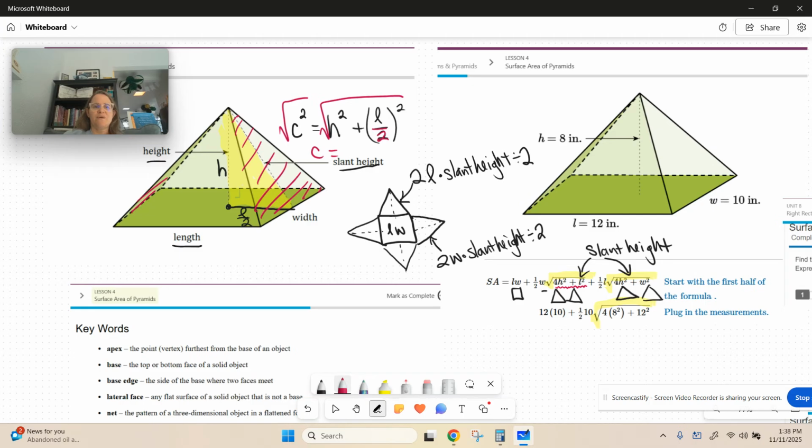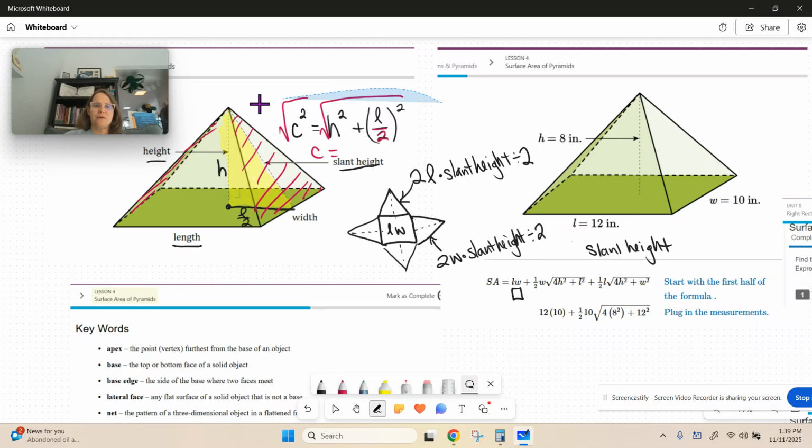So just a little bit of big picture, what is going on with this formula? It's because the slant height is the hypotenuse of this yellow triangle that I've drawn inside the pyramid. If that's scary to you, just ignore it. You don't have to know where a formula comes from to use it.